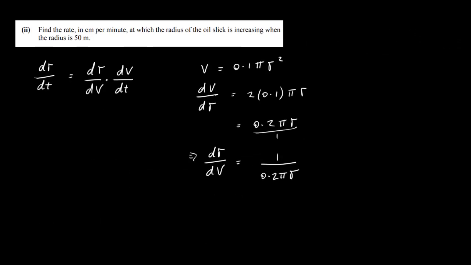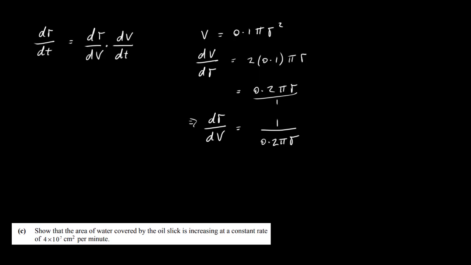So we have everything we need then. So I'm just going to put that into my formula here. So if I come back up here, dr dt is dr dv, which is what I've calculated down here, 1 over 0.2 pi r. Got to multiply that by dv dt, which is 4 by 10 to the power of 6. And remember, that's over 1 if you like.